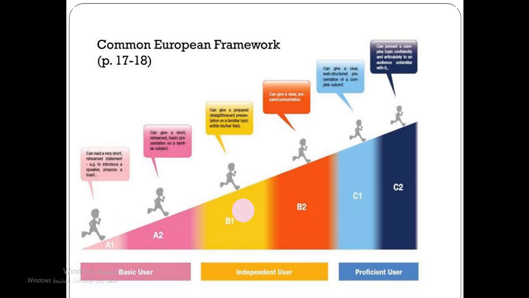Association Language Testers Europe has produced can-do statements to try to make this clear. As you see in this diagram, A1 is at the left and C2 is at the right.